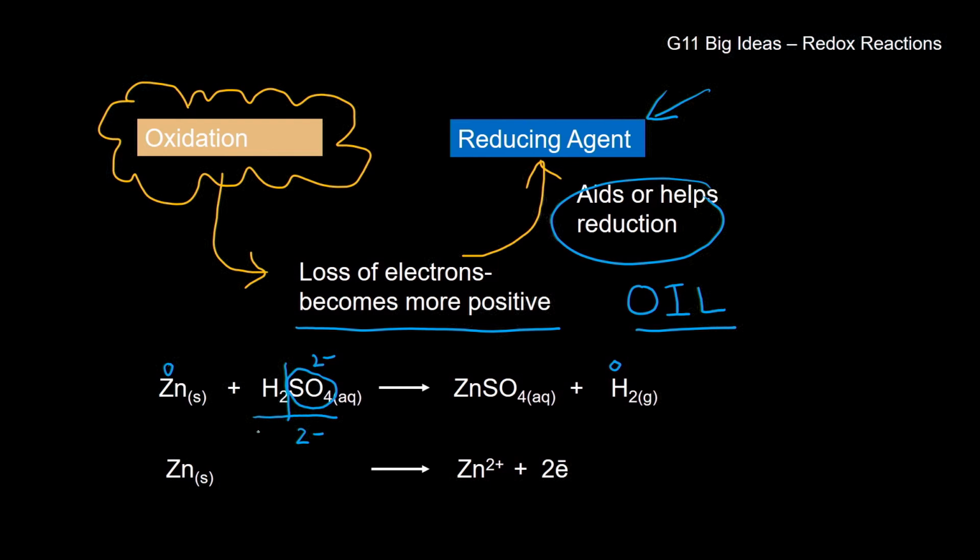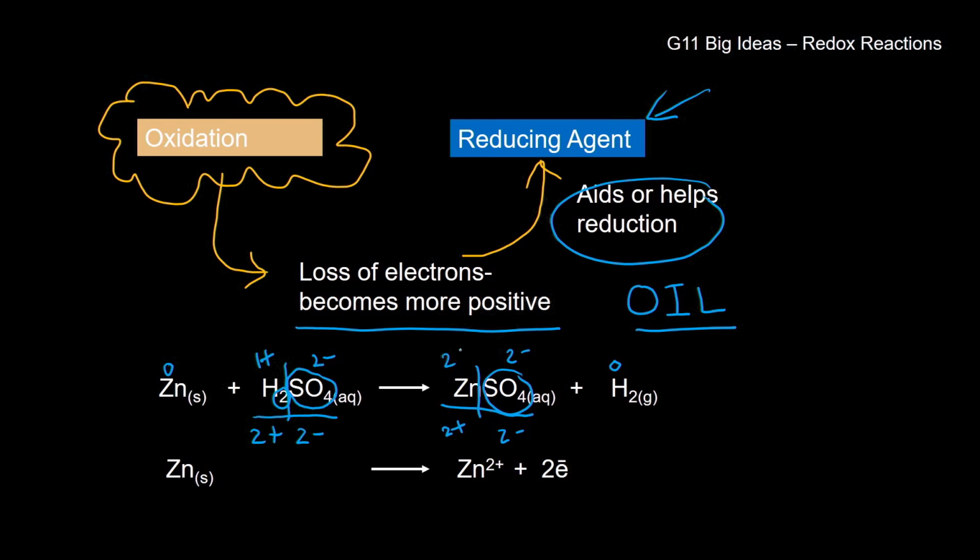I have got a neutral substance here, so 2+ on that side. I've got 2 hydrogens, and so hydrogen is going to be 1+. That's its oxidation number. What about zinc? Zinc sulfate. So here we go, the sulfate ion is 2-. That means that that must be 2+ for zinc, as it's a neutral substance and there's only one zinc.